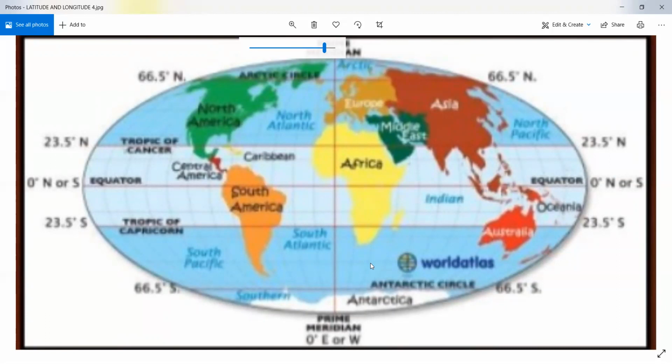So here the Arctic Circle, Antarctic Circle, Tropic of Capricorn, Tropic of Cancer, and Equator are the main 5 lines of latitude. And prime meridian, 0 degrees east or west, is the main line of longitude.